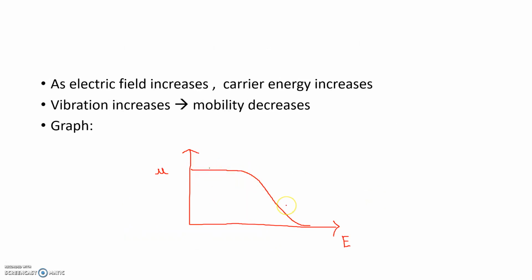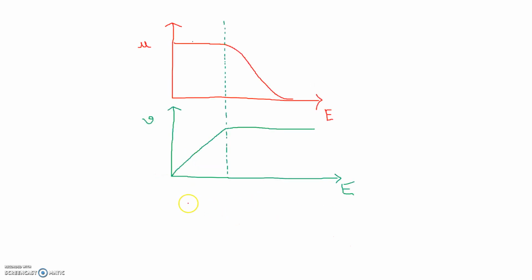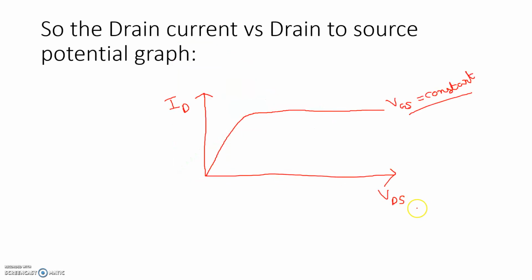These mu versus E graphs I have also discussed. If you want to know the detailed explanation, just go through the link given in the description. As the mobility versus electric field graph is like this, we got the velocity versus electric field graph like this, and we know ID equal to n q v A, that is I is proportional to v, so the drain current versus the electric field, or rather VDS, that is drain to source potential, graph will look like this.